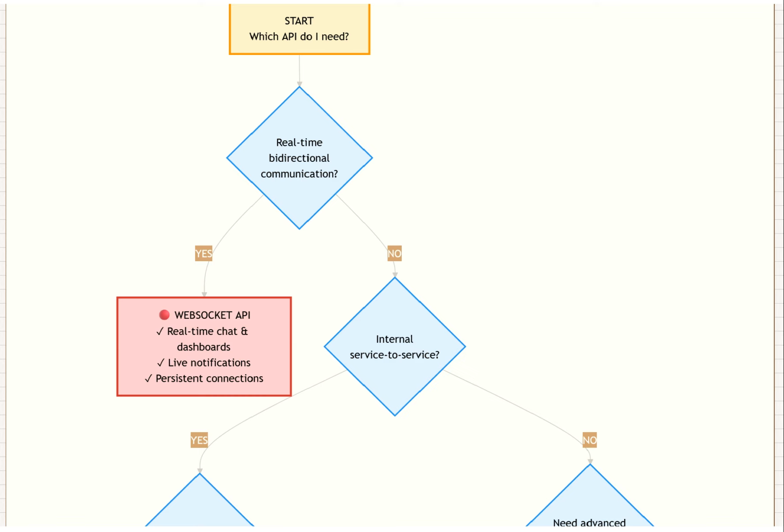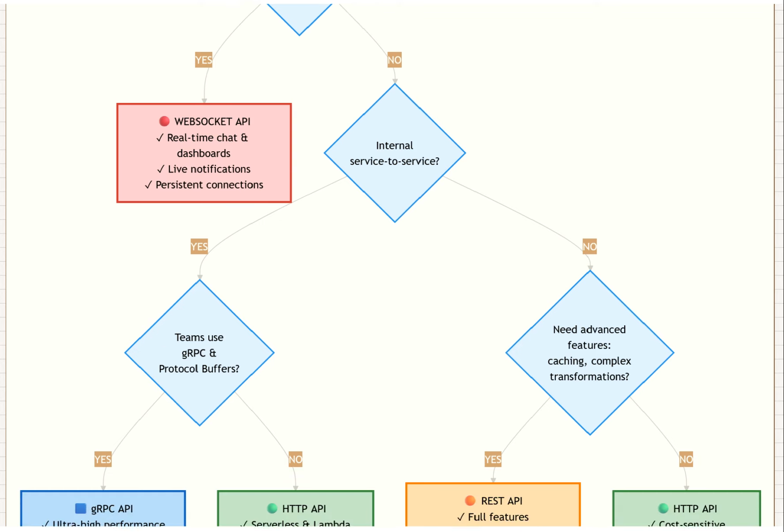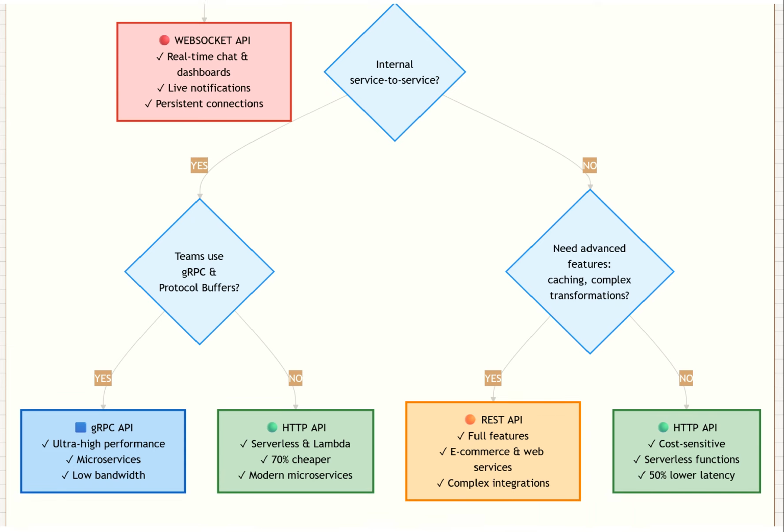And then if you don't need real-time communication, ask whether it's internal service-to-service. If so, you go to Google Remote Procedure Call and protocol buffers. If not for internal service, then ask whether you need advanced features like caching and complex transformations. Then you go with a web type API, HTTP or HTTPS, that's REST API with full features.